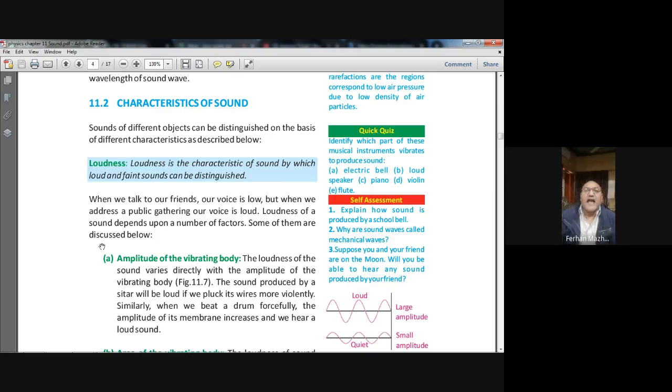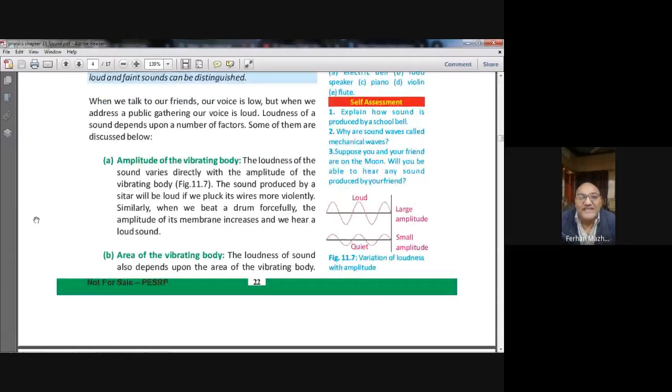The first one is the amplitude of the vibrating body. The loudness of sound varies directly with the amplitude of the vibrating body. The sound produced by a sitar will be loud if we pluck its wires more violently. Similarly, when we beat a drum forcefully, the amplitude of its membrane increases and we hear a loud sound.